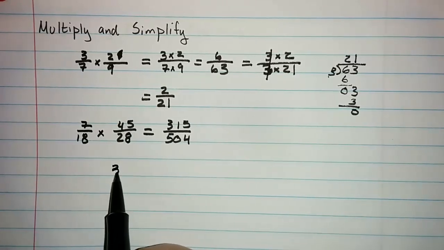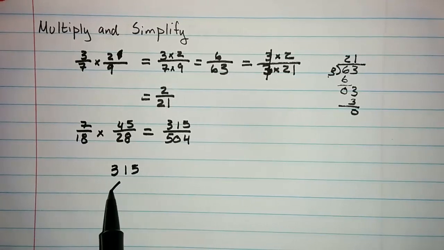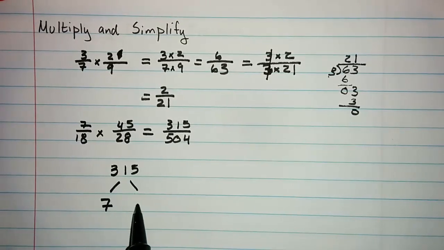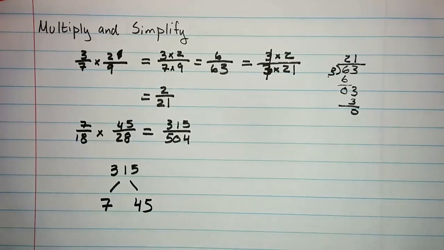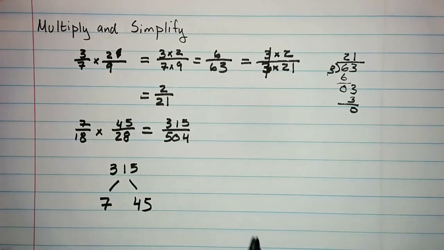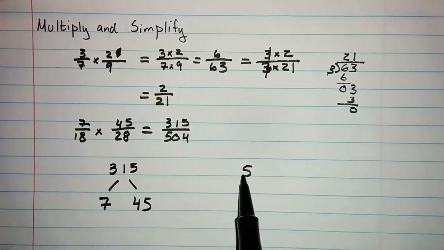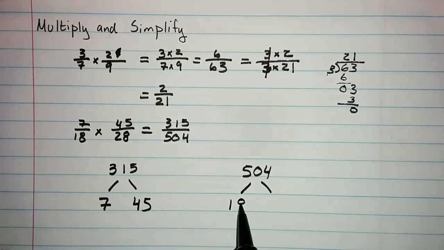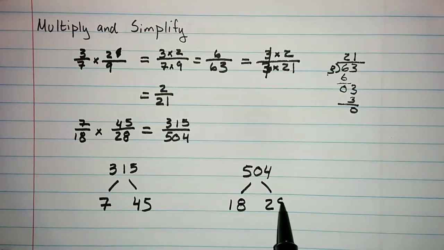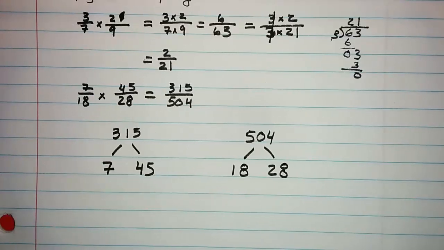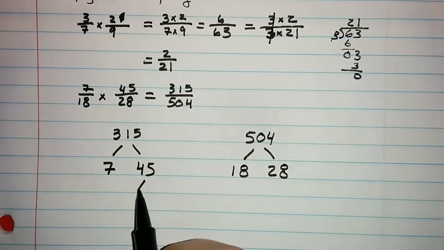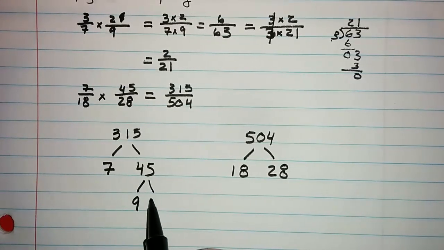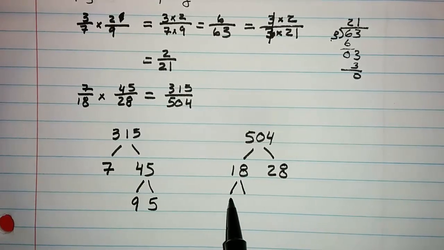We know that 315 will factor first as 7 times 45. And 504 will factor first as 18 times 28. Oh, but we also know that 45 is 9 times 5, and 18 is 9 times 2.